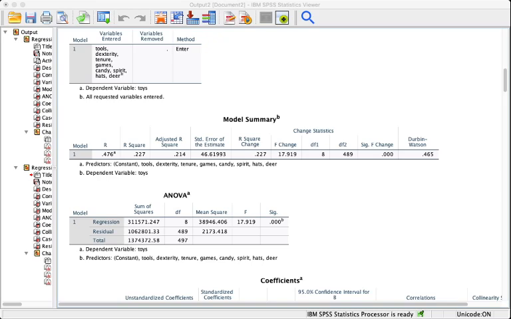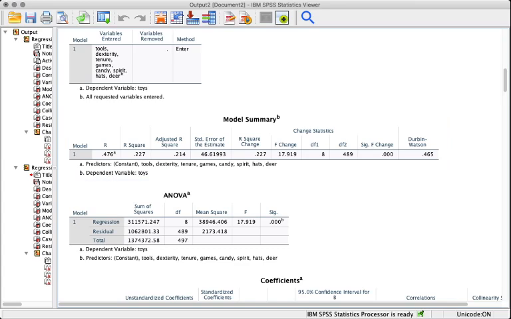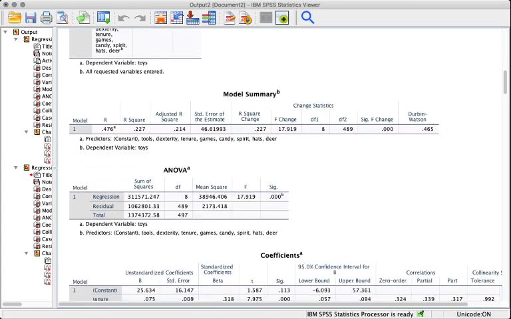So for the Durbin-Watson, we just want the value to be between 1.5 and 2.5. So essentially we want it around 2. Here we see that it's far below that, and that's probably indicative of other problems.